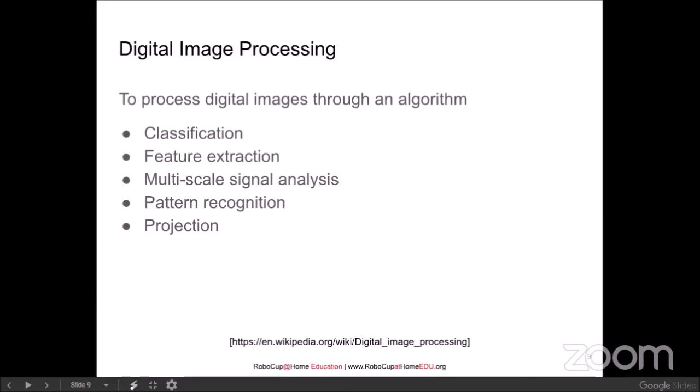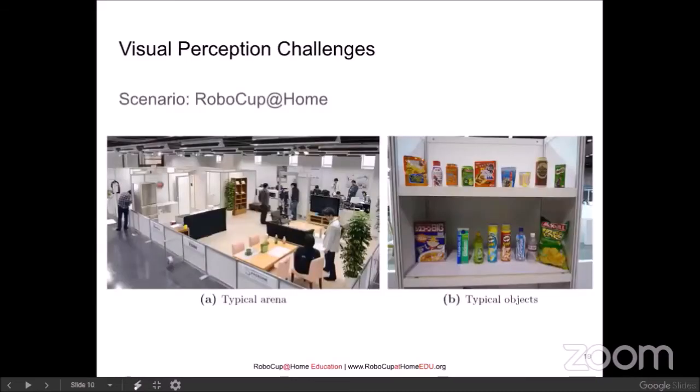The next thing I would like to discuss is what the challenges in visual perception are, particularly for service robot development. For AI learning and service robot application, we have very similar challenges compared to, for example, computer vision.